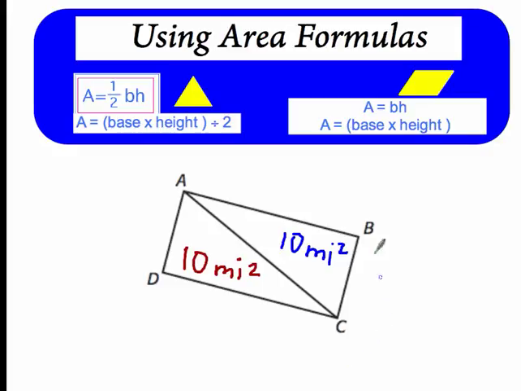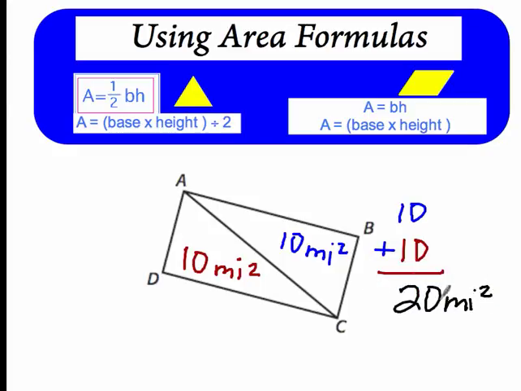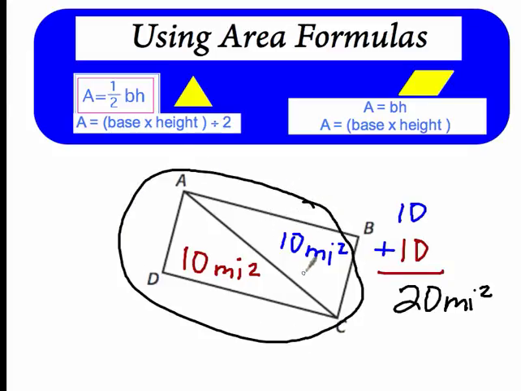What would the area of the entire rectangle be? It would be 10 plus 10, and that would be 20 miles squared. So 20 miles squared is the whole thing, 10 and 10. And that's how you use area formulas to figure out the areas of rectangles and parallelograms.